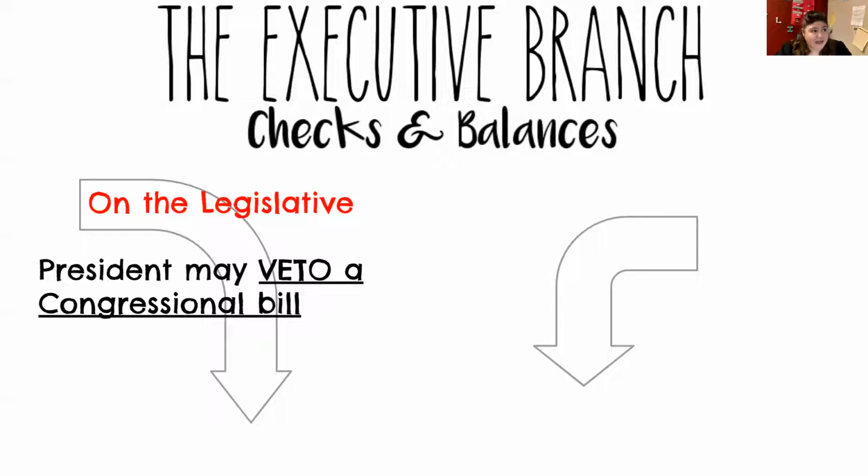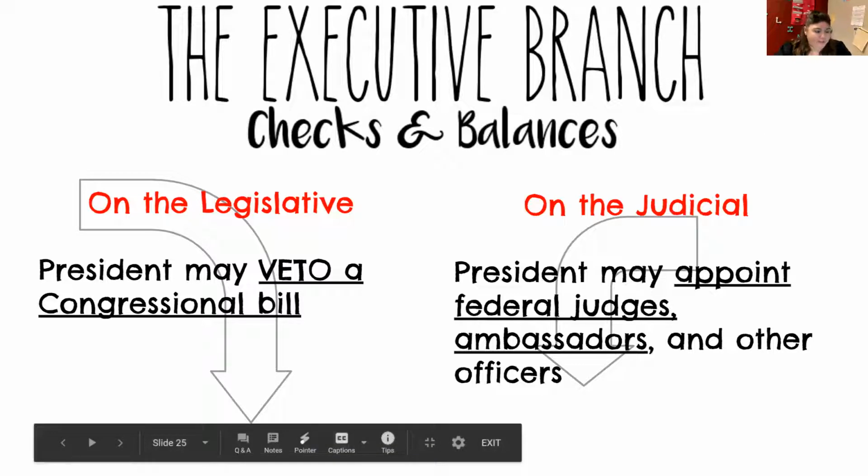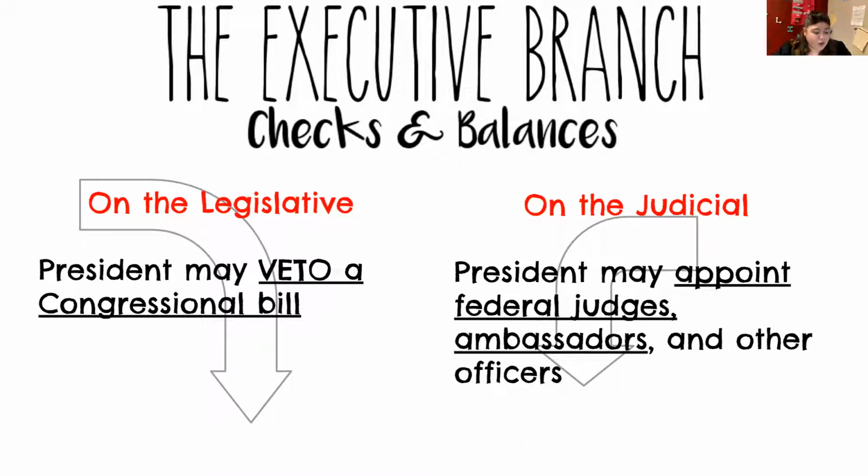Now, how does the executive branch limit the judicial branch? Let me show you. The president may appoint federal judges, which means he can choose which federal judges are put into the judicial system, which can make a difference for how the executive branch wants the law to be viewed. He can also choose ambassadors and other officers.